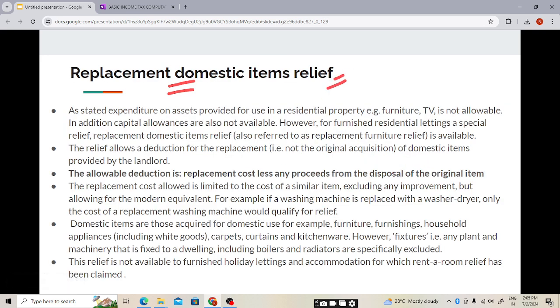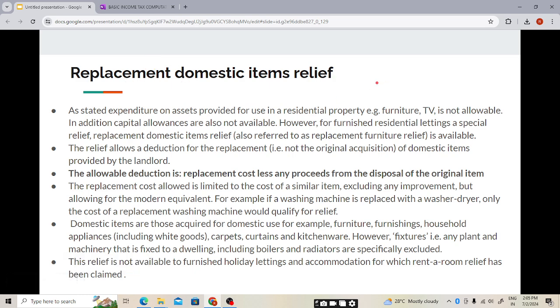Replacement domestic relief. From the words replacement domestic relief only, you can say what the relief is. If you are replacing any asset, you will be getting the relief. Replacing your domestic item, you will be getting a relief. So now we will be studying how we will get this relief.